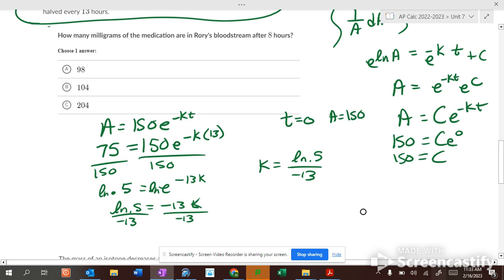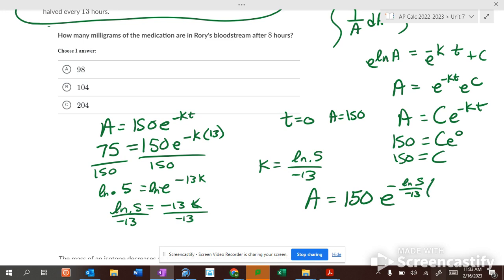Now, how much is left after 8 hours? The amount equals Ce to the kt, 150 e to the k, where k is the ln of 0.5 over negative 13, with a negative in front of that. I'll have to check on that negative. That negative is the only thing I'm really wondering about.